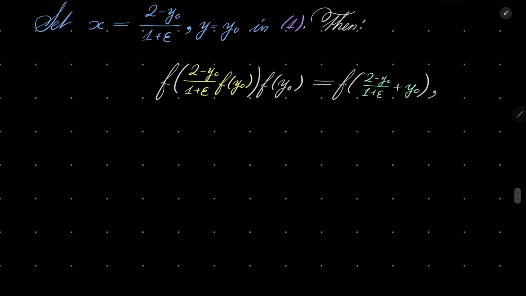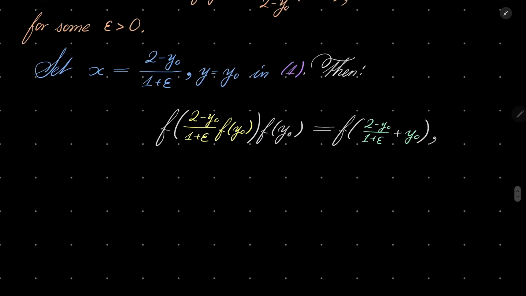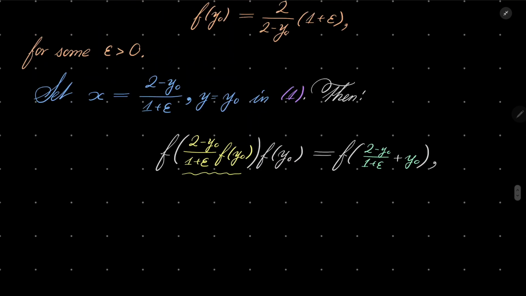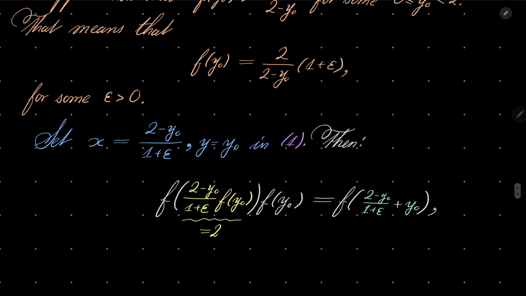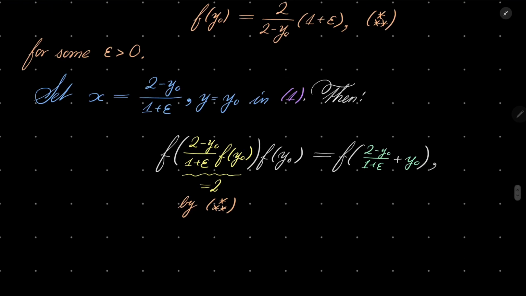Alright, and now let's take a look. This entire argument written in yellow is just 2 by the definition of this condition, which I will mark triple asterisk. It's 2. So the entire left hand side vanishes.